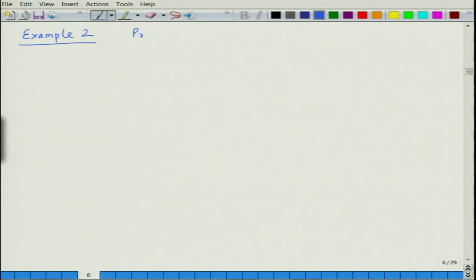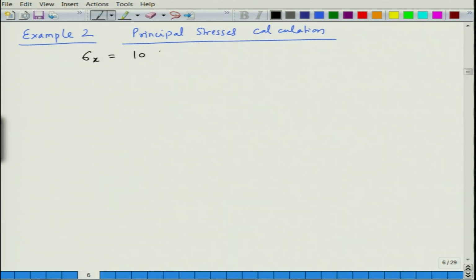This example is related to principal stress calculation in a body which has been subjected to a certain stress state. Let us say we define sigma x is equal to 10 MPa, sigma y is equal to 8 MPa, and sigma z is equal to minus 5 MPa.